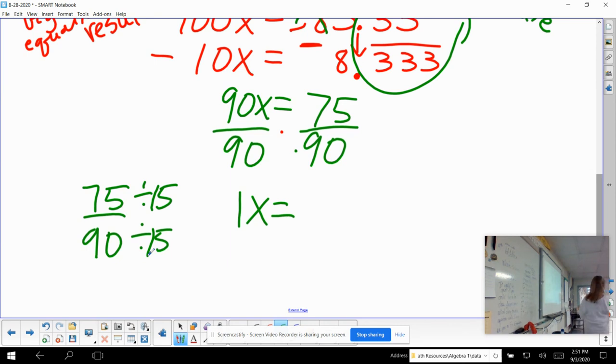So 5 would go in 25 times, and then 3 would go in 25 times, and 5 would go in 5. So that's where the 15 comes from. So 15 goes into both of these. You could divide by 5 and then divide by 3 and still get the same answer. So we agree this will be a 5 on top. And what do you think it is on the bottom? 90 divided by 15. You could use a calculator.